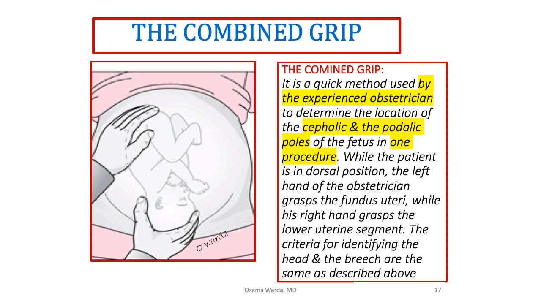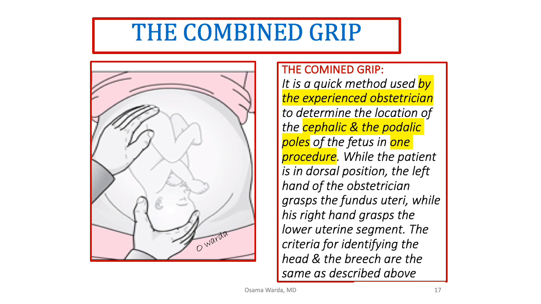The combined grip is a quick method used by the experienced obstetrician to determine the location of the cephalic and podalic poles of the fetus in one procedure.